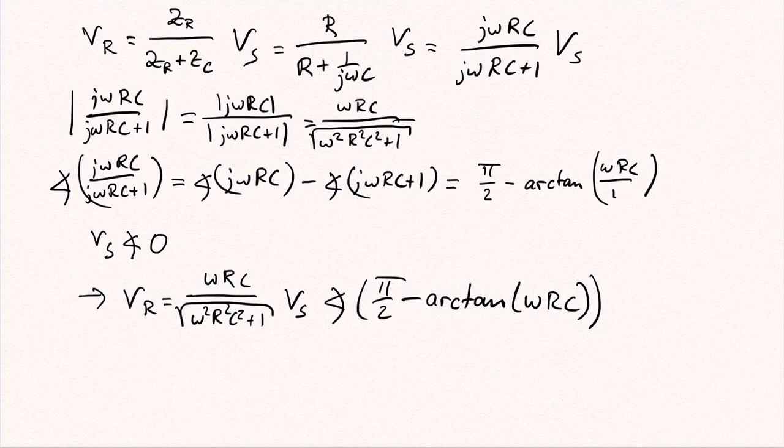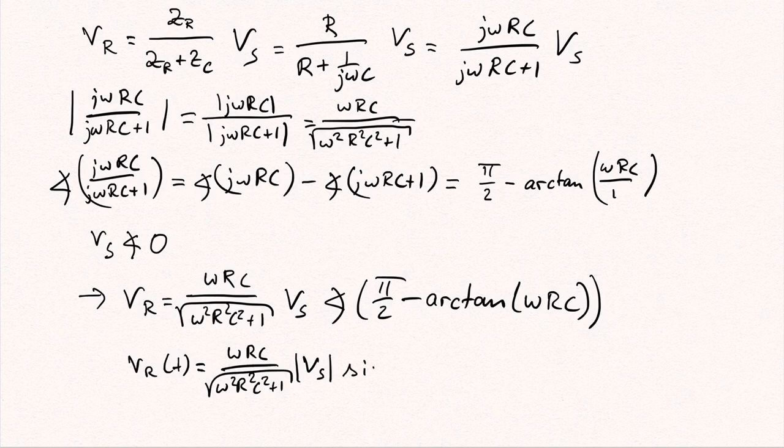Let's assume that we used a sine. Then VR of t is omega RC divided by the square root of omega squared R squared C squared plus 1 times the magnitude of Vs times sine of omega t plus pi half minus arcus tangens of omega RC.